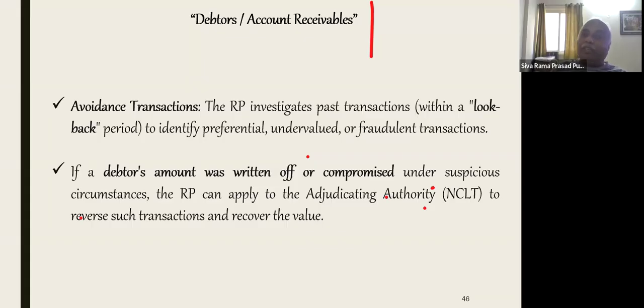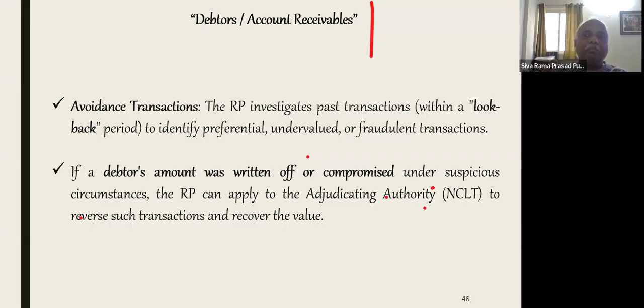Today the company has turned bad and is facing CIRP; that is not overnight. It is over a period of time. That's why for preferential transactions the look back is 1 year, for related parties 2 years, and for fraudulent transactions irrespective of the period. If a debtor's amount was written off or compromised, sometimes, anyhow the company is going to face the CIRP.